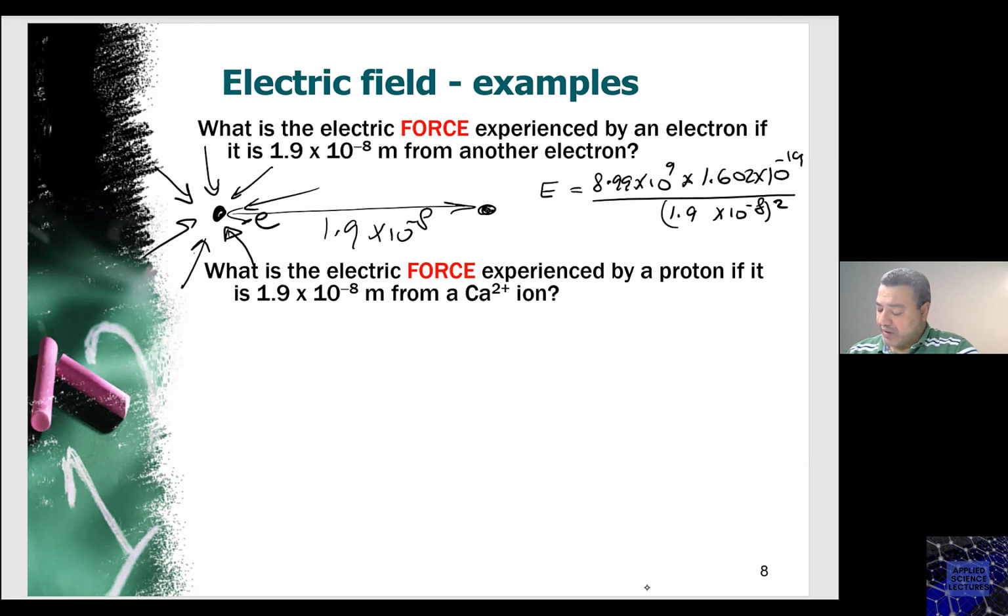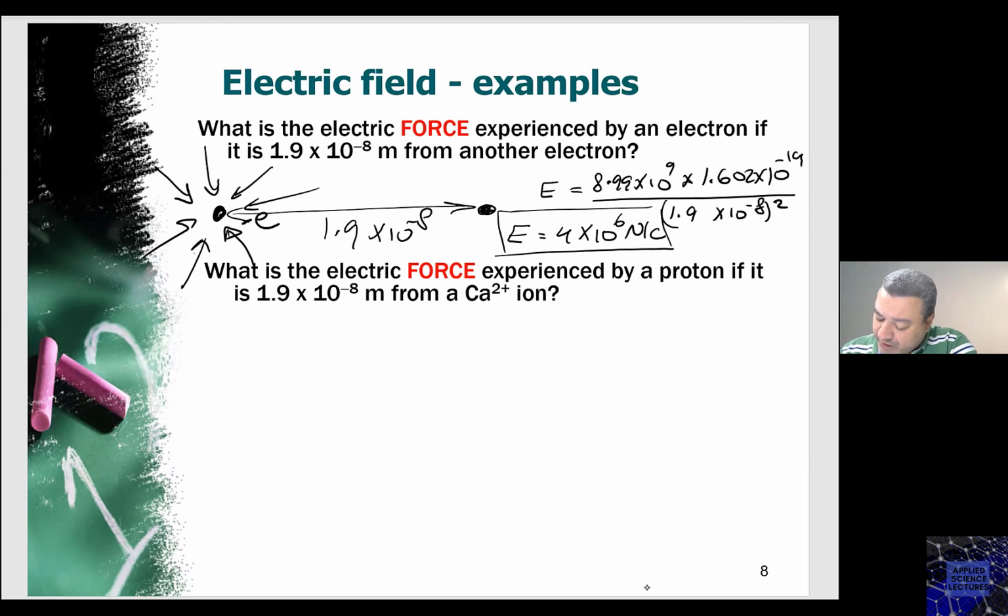And we found that the electric field at this point would be 4 times 10 to the power 6 Newton per Coulomb, with the same distance, we just did it.